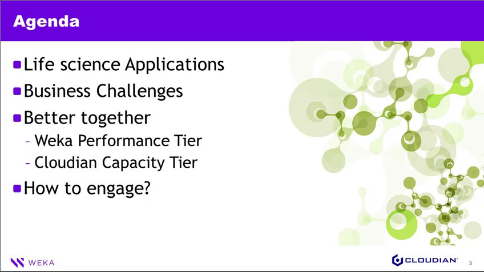Weka is a next generation all-flash parallel file system and forms the performance tier for the storage part of the solution. And then Cloudian forms the capacity tier with the object economics and the durability. So we'll talk about the better together story. And then finally, we'll leave you some pointers as to how to reach out to us and so on.